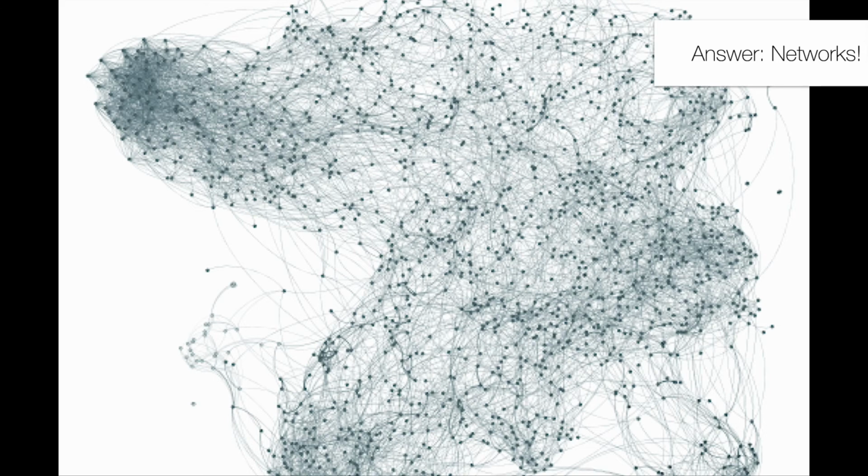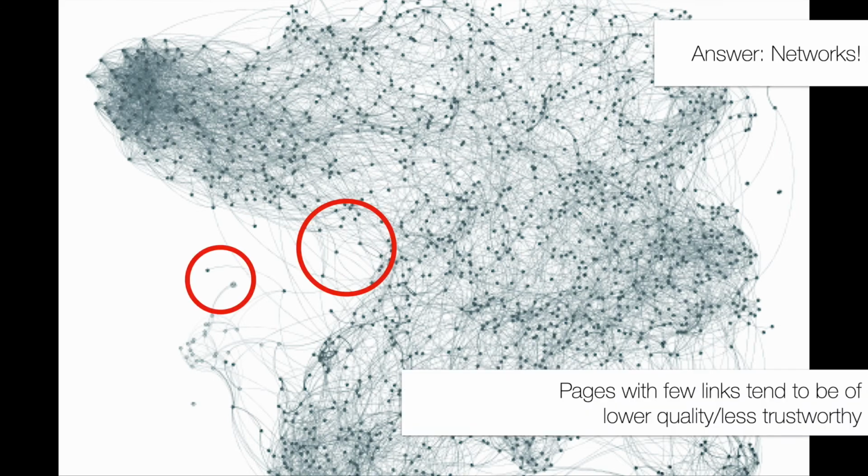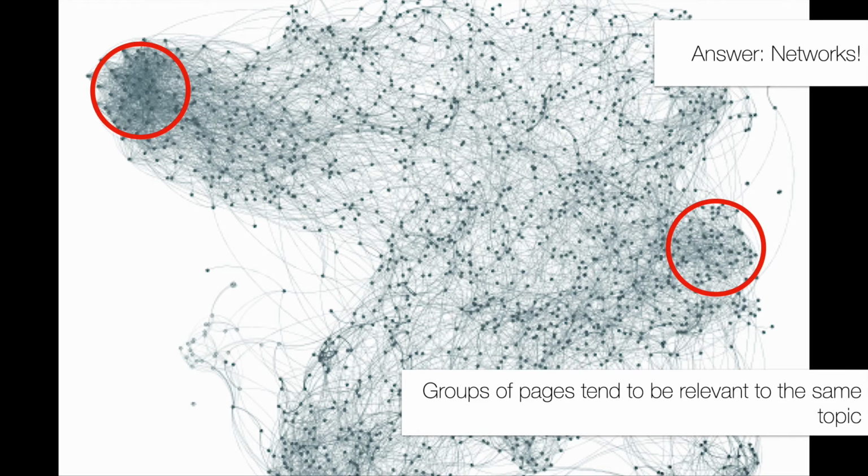The answer to this really is the application of networks, where we make a couple of heuristic assessments. Pages that are not linked to, pages that don't have very many incoming links from other pages, are likely to be less trustworthy, less interesting, lower quality pages. Whereas pages that have a lot of links coming into them and are grouped in with a number of other pages are likely more important and likely to be of similar topic.